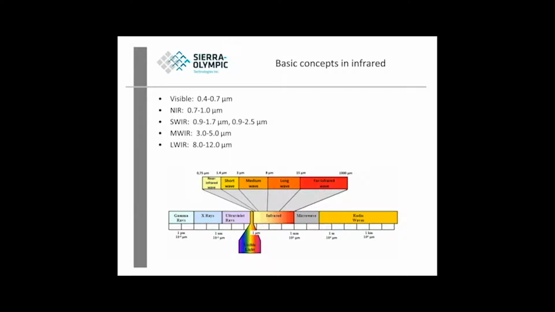So there's a bit of a difference between what the classical electromagnetic spectrum defines and what is practical in imaging systems. And what I've listed above is practical in imaging systems that you can actually buy.